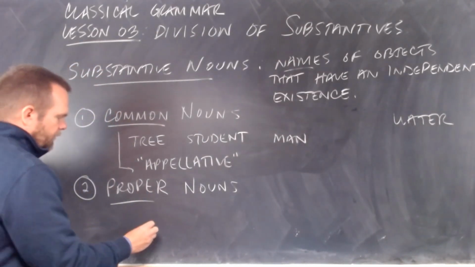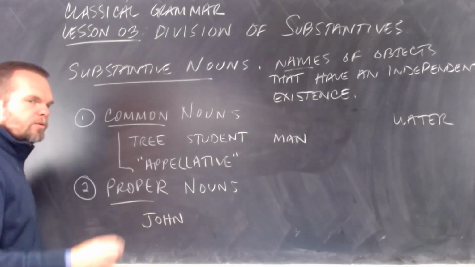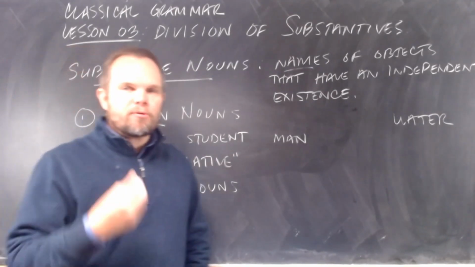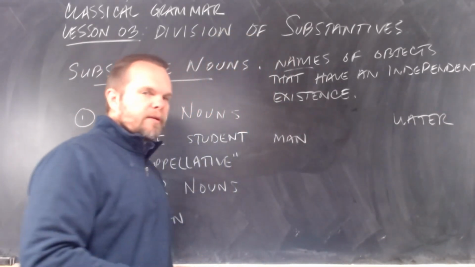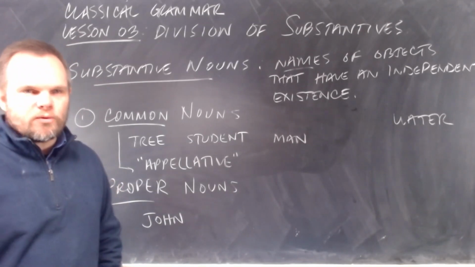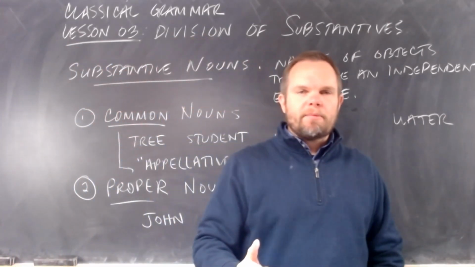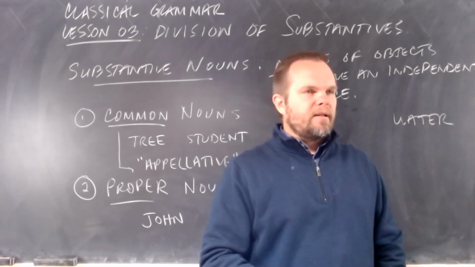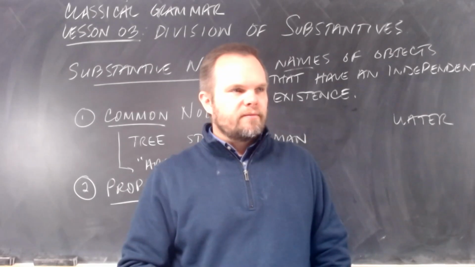So an example would be someone's first name, your actual personal name, your proper name, John. John is a proper noun. It names an individual. And this can be a little bit confusing because you can say, wait a minute, there are lots of Johns in the world, right?